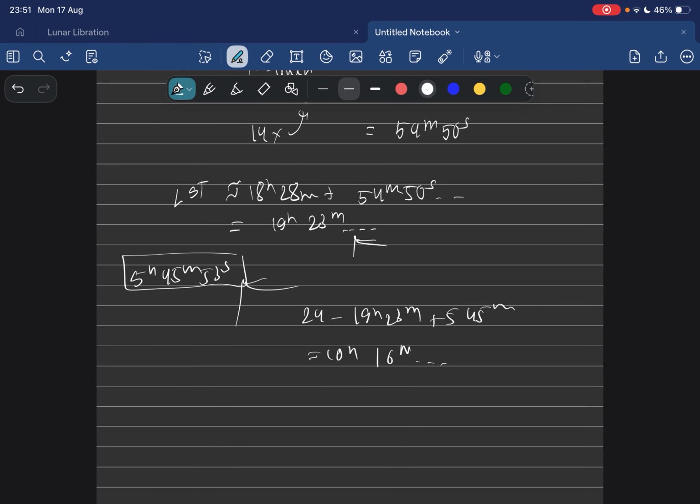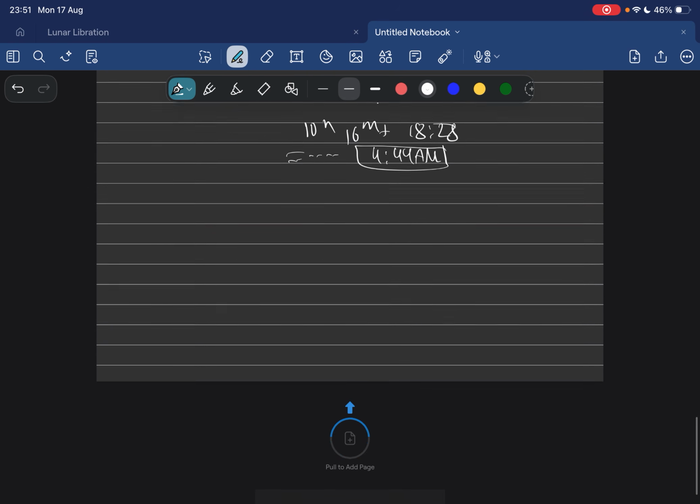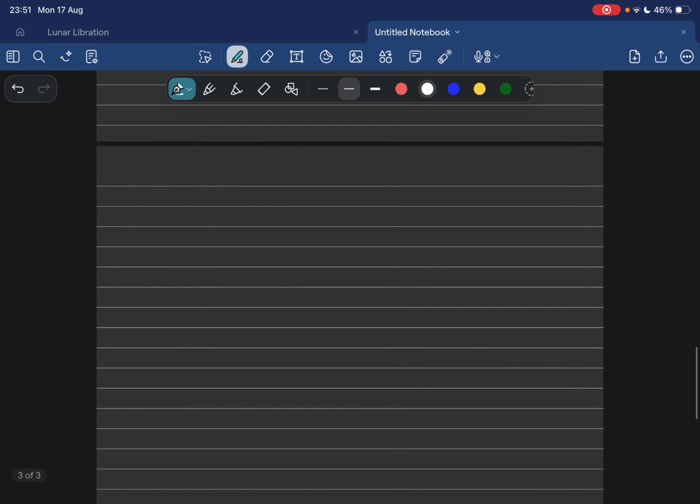So the star rises about 10 hour 16 minute after 6:28 p.m. Then add 10 hour 16 minute plus 18:28, you will maybe get something near 4 hour 48 a.m. I guess this is the answer. So Sagarmatha rises approximately at that.